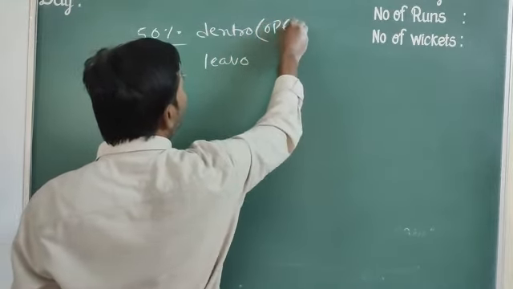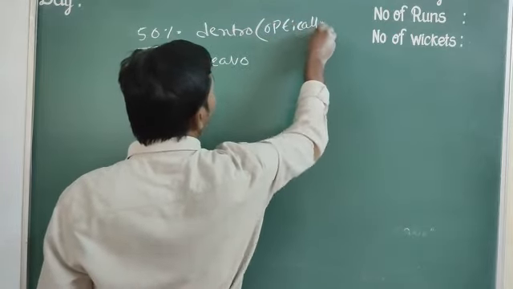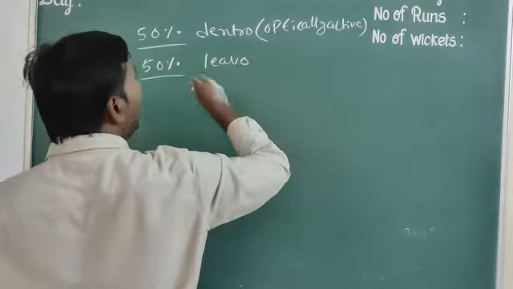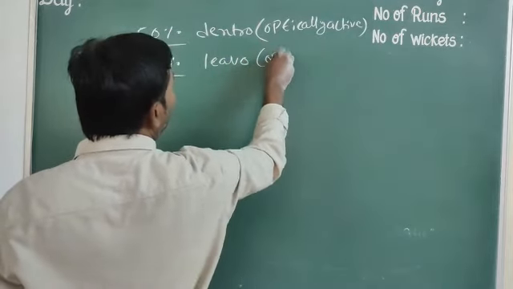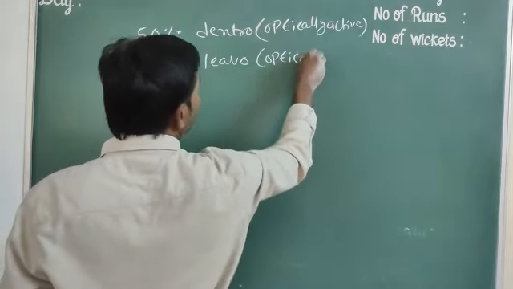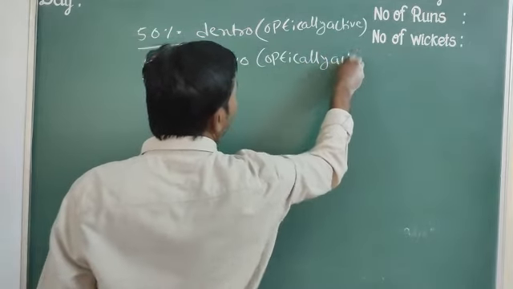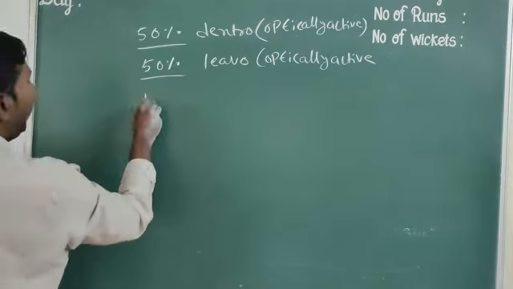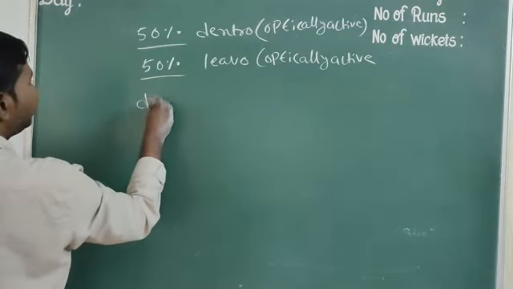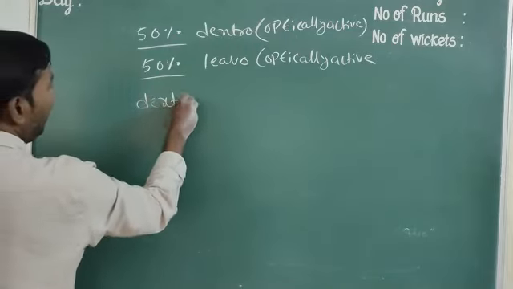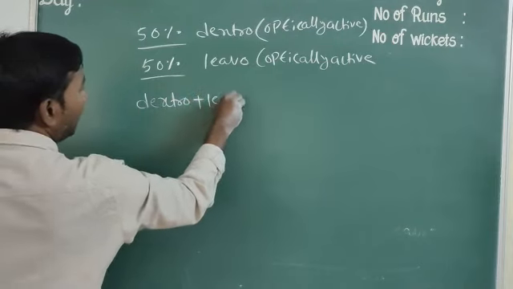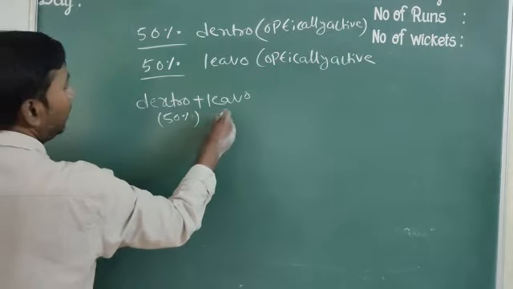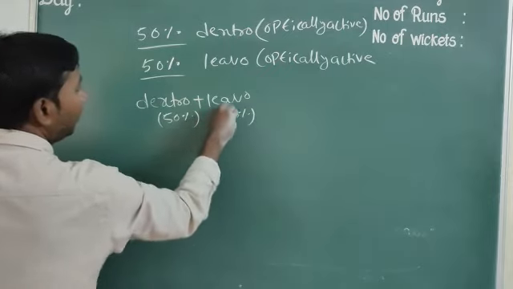Dextro is optically active. Levo is also optically active. Okay. Then dextro plus levo, 50% dextro, 50% levo.